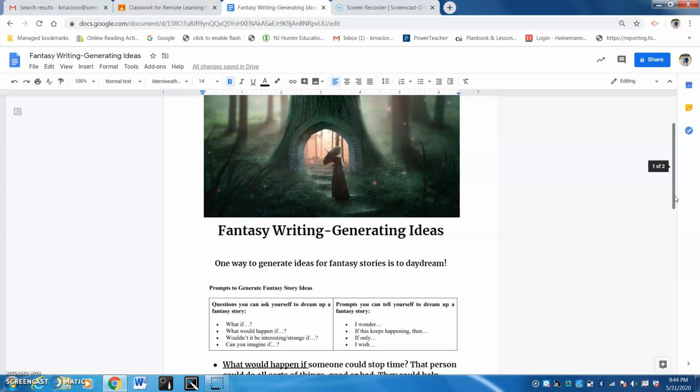And they write down little blurbs that will help them create story ideas as they move forward in their writing. So I have on the paper here two different charts of prompts that you can ask yourself while generating ideas for your fantasy story. And here I have some examples as well.